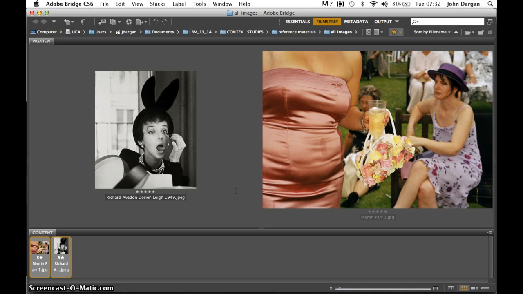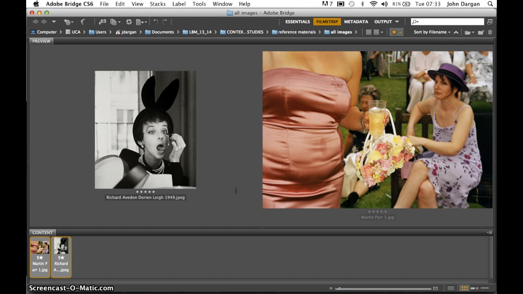But within the context of the image bank, we've asked you to look at these images because we know they work specifically for generating material for your portfolio, and it's all aimed at Christmas time when you're having to write your personal statement and put your portfolio together for applications.